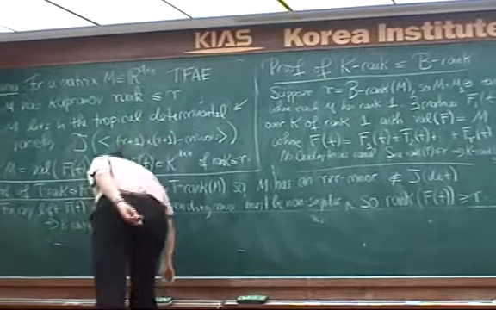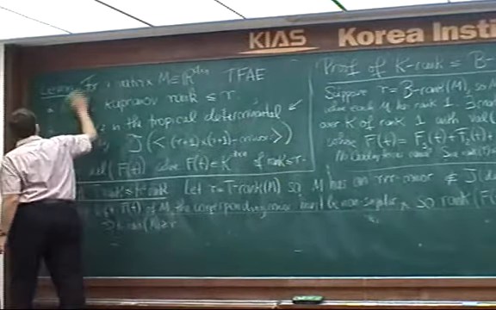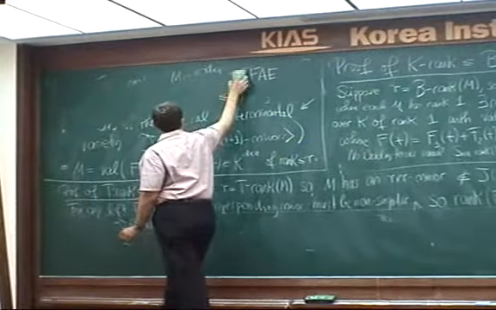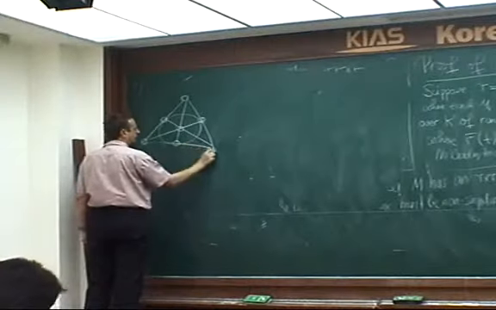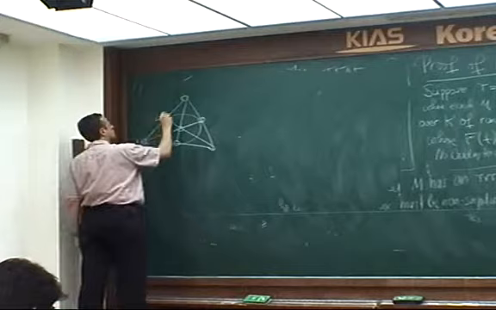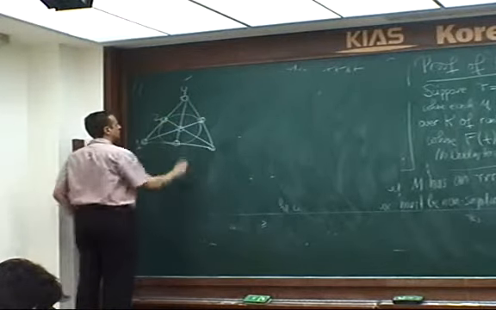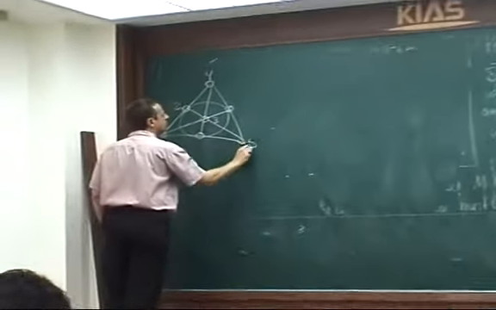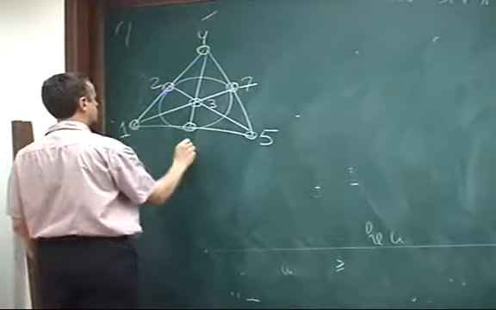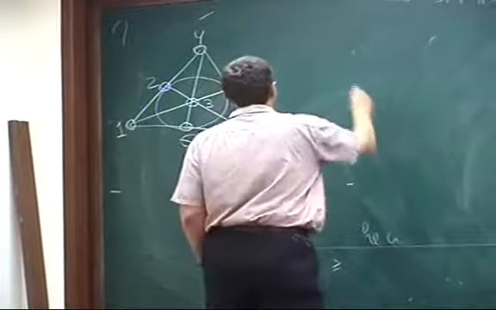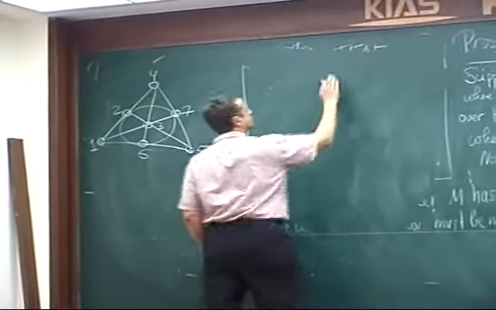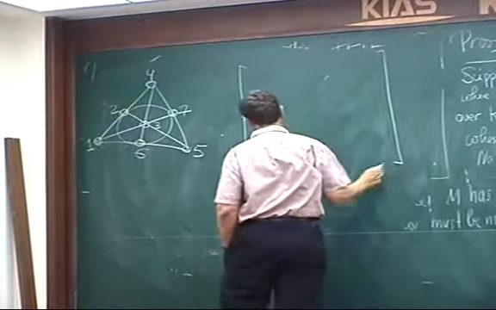So let me give you a counterexample. And the counterexample goes like this. Something like 1, 2, 4, 2, 3, 5, 7, 6. Okay, so there's the Fano plane. So now we're going to do the following. This is a general construction.